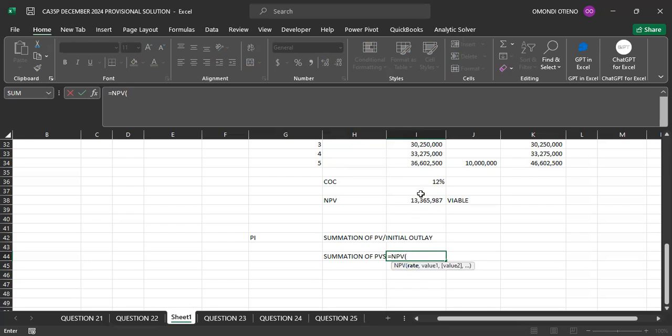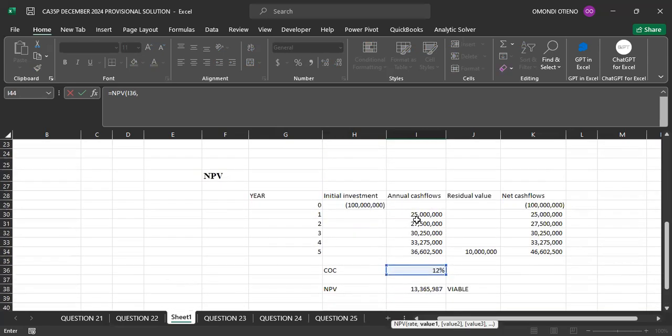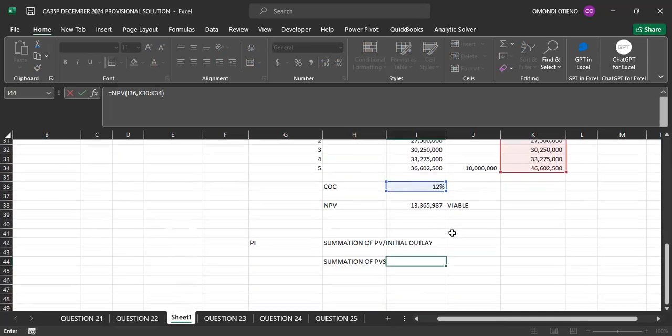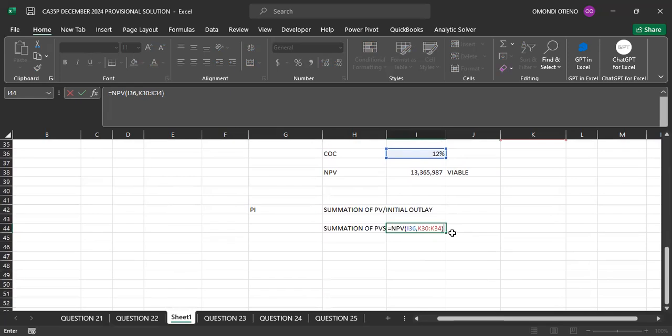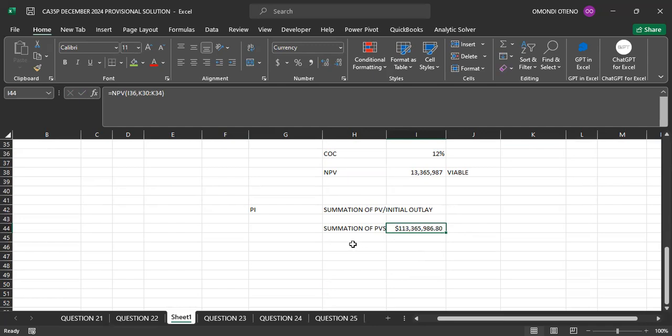Our rate is here, comma, the value 1, that is the figures from year 1, all the way to year 5. Then you close the bracket. So by not including the initial outlay as part of that, we are basically calculating the present value. So this is the summation of the present values.